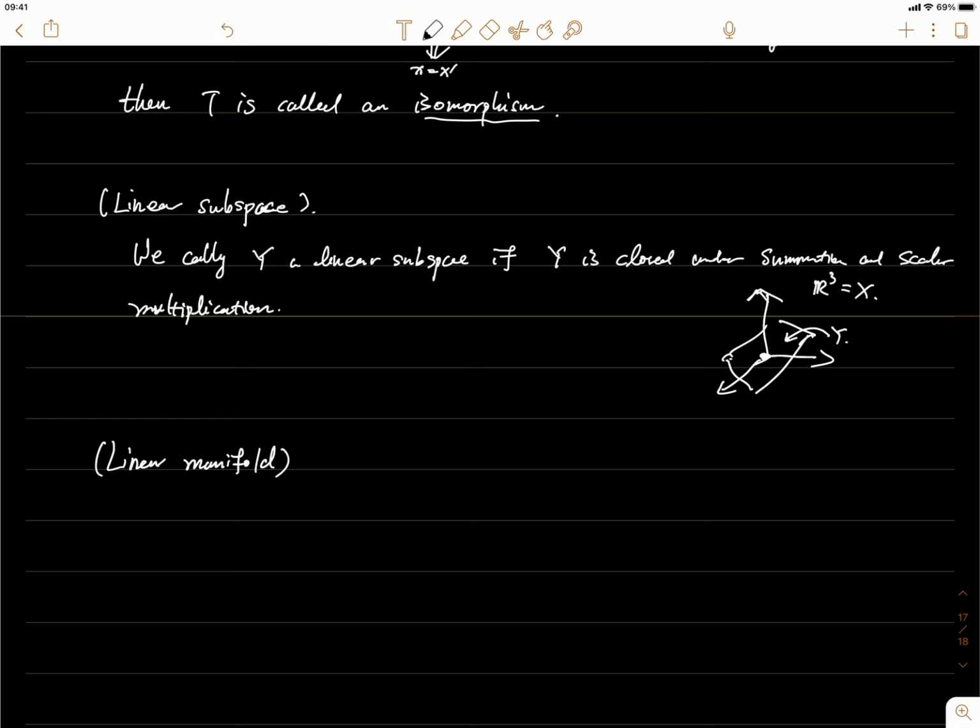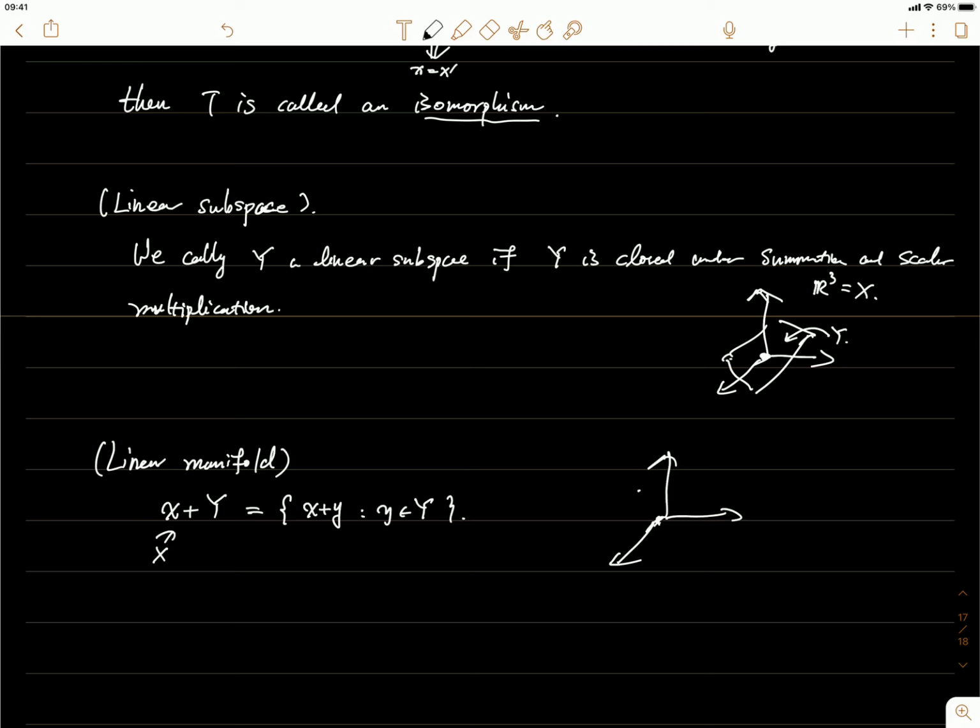In this case, we can say x plus Y, where this x is a vector in space X. The Y is the linear subspace we mentioned above, and this is defined to be all the elements or vectors like this, where y is in the space Y. So what this means is just the same thing, but instead of passing through the origin, this linear manifold will pass through the point x.